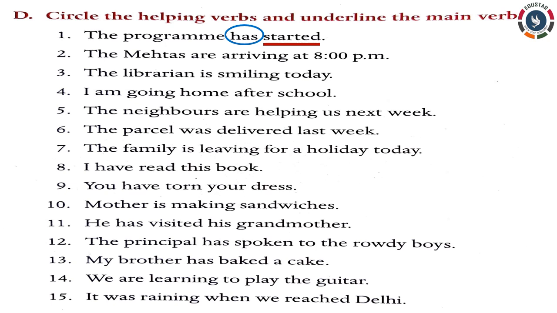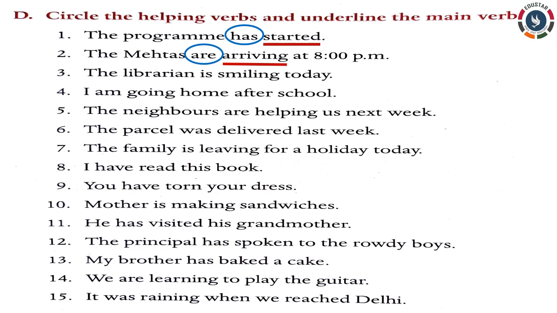The second sentence, the Mehtas are arriving at 8 p.m. Here, what is the main verb? Arriving. So, underline it. And what is the helping verb? Are. So, circle are.